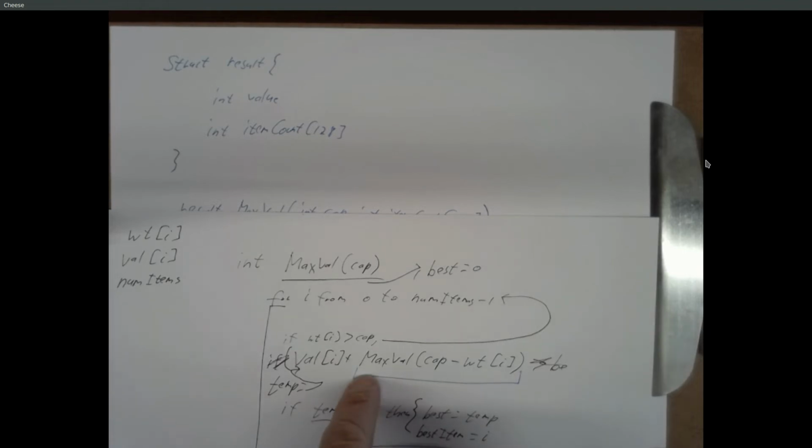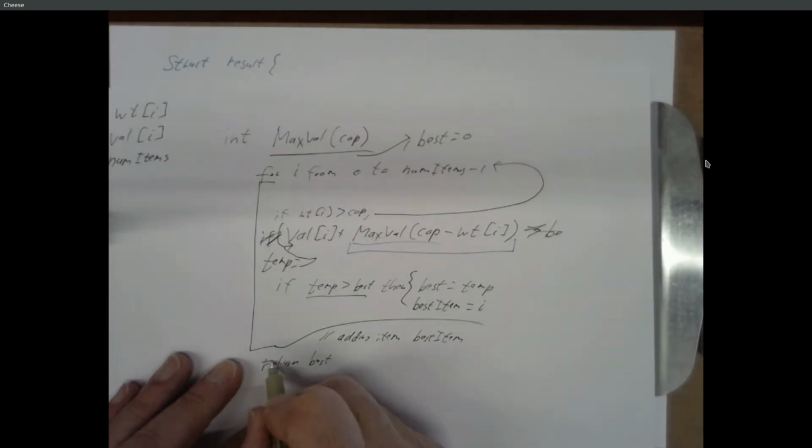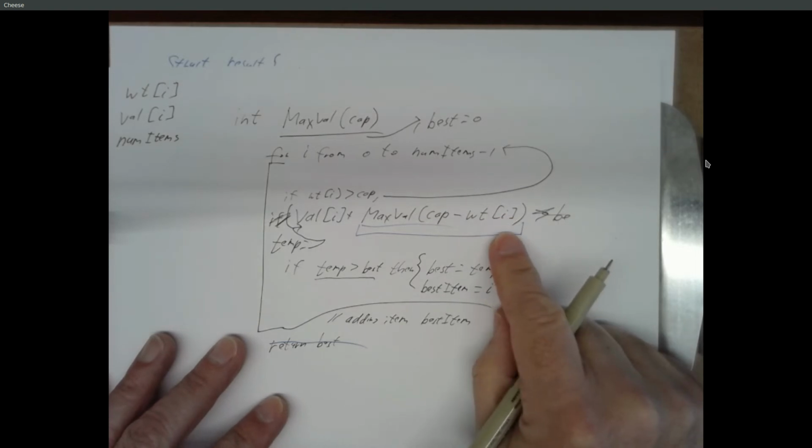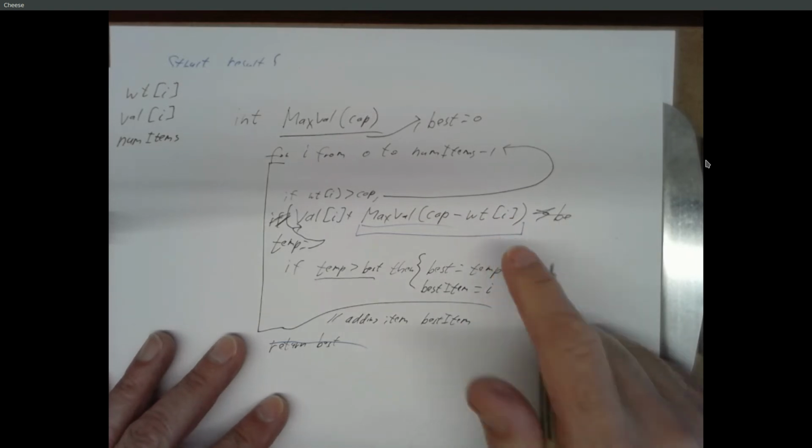So inside here, you need to save this return value, or when you come out of here, you know that item I gives you the maximum value, right?